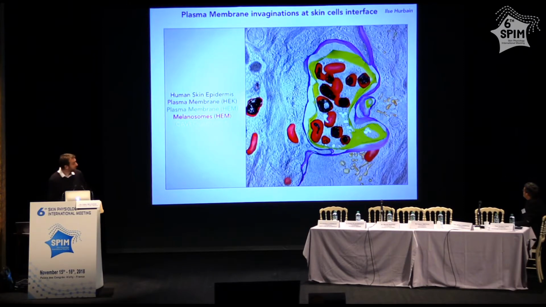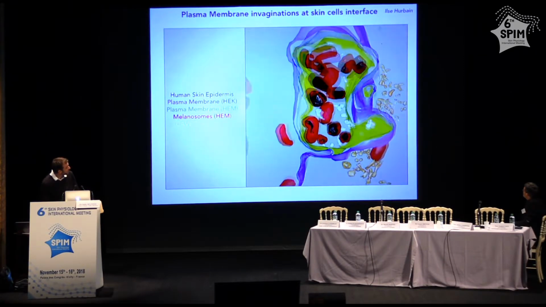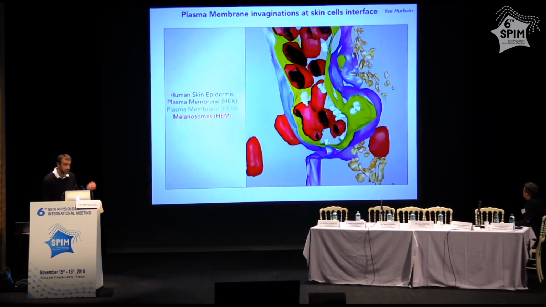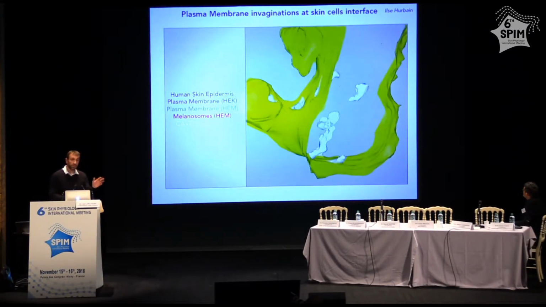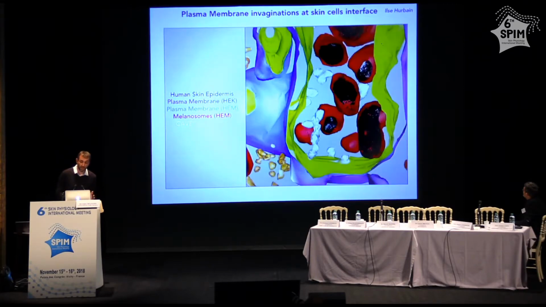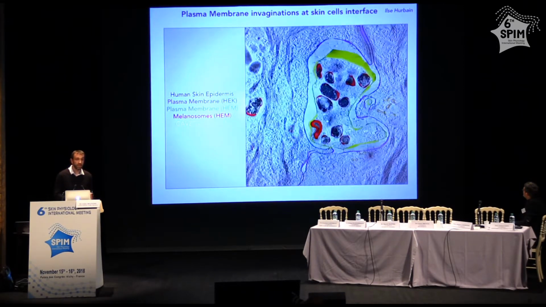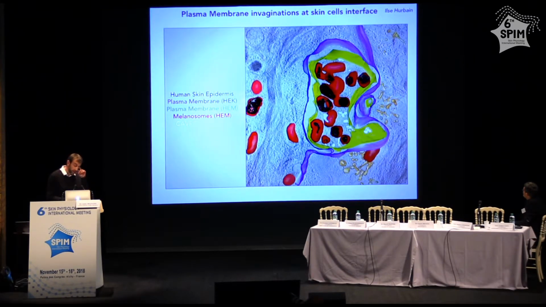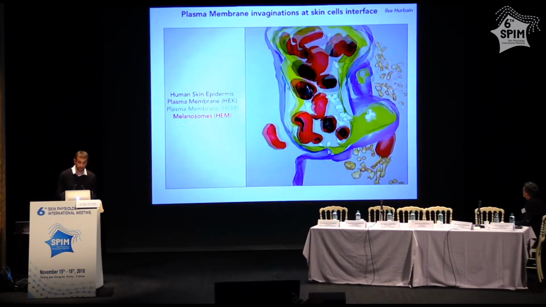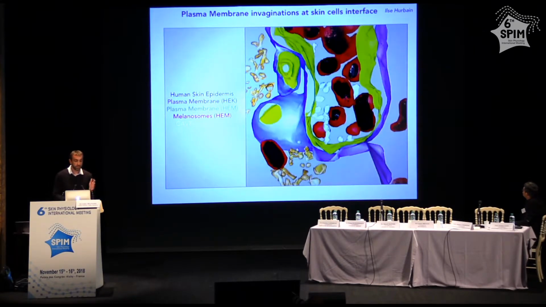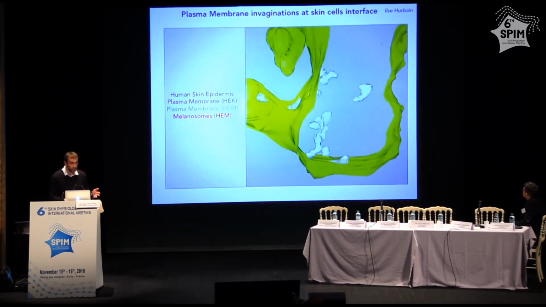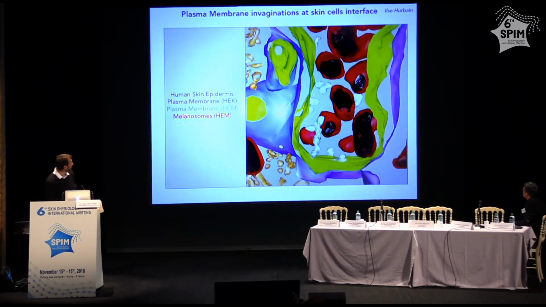So what we can see is that these plasma membrane invaginations are still connected to the plasma membrane. Their diameter ranges between 60 and 80 nanometers, and they are non-coated. What I mean by coat is like a clathrin coat, for instance. So this is really all the morphological features of one type of invagination that is called caveolae.